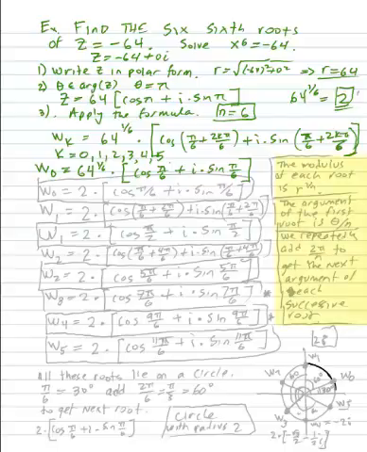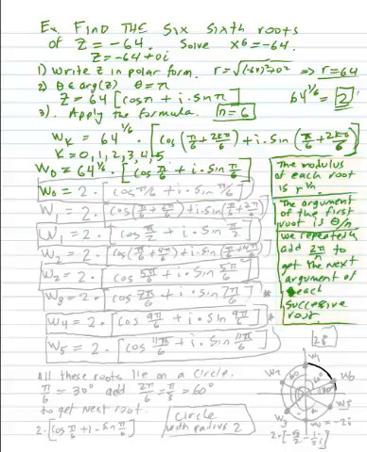Let's make a little side note here. The modulus of each root is r to the 1 over n power. The argument of the first root is theta divided by n. You repeatedly add 2 pi over n to get the next argument of each successive root.